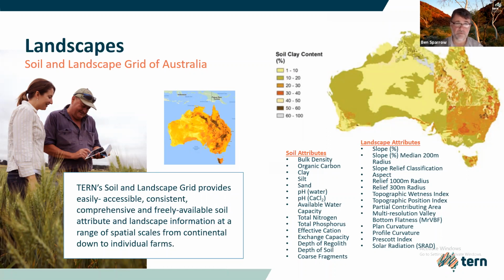So in some ways it's quite collaborative as well. And as you can see there, it talks also about the ability to scale from the continental down to the regional, and in some cases property scale.